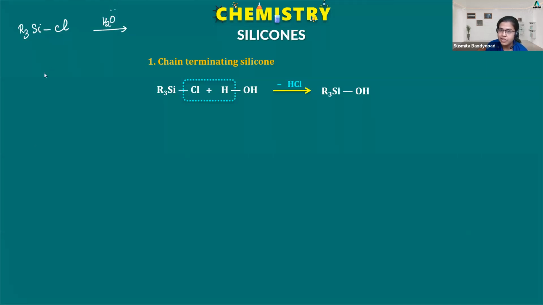Weak bases are good leaving groups. R3SiOH will be formed. I've taken R3SiCl and hydrolyzed it. It will become R3SiOH. Take this one.